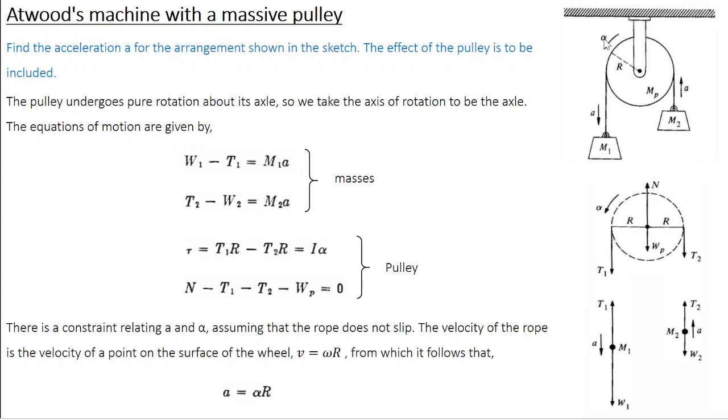If I take alpha as the angular acceleration, then I can write down the equation of motion for both the masses as well as the pulley. As I said, the pulley undergoes pure rotation about its axle, so we take the axis of rotation to be the axle. Now our aim is to find the linear acceleration of the system.